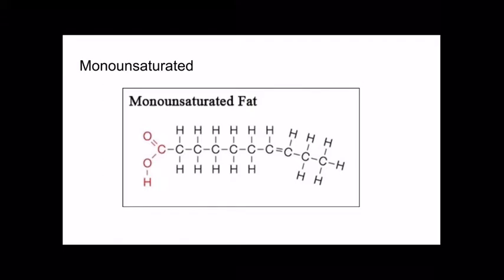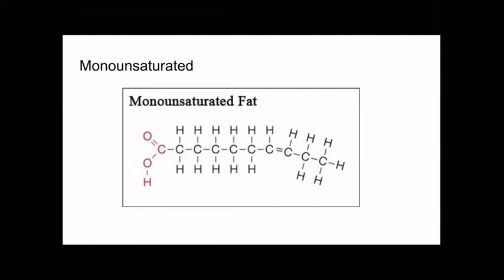So again, on the left we see the carboxyl group. It's represented differently than on the previous slide. And so here we can see the actual bonds between each of the atoms of the carboxyl group. And then to the left of the carboxyl group we see a chain of carbons with a whole bunch of hydrogens attached. So the difference between this one and the previous one is that we don't have single covalent bonds all the way along.